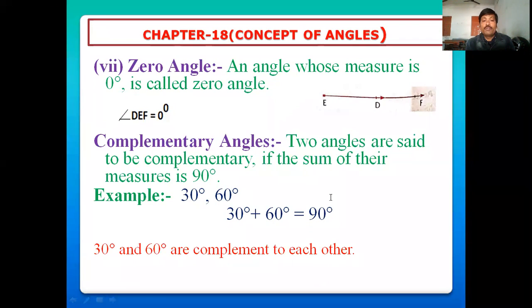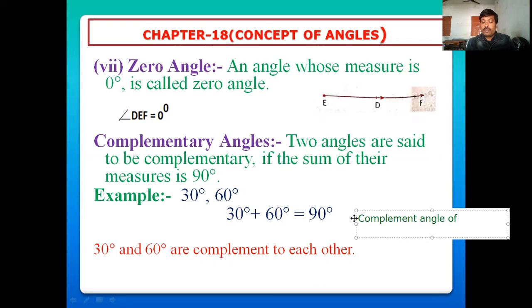Now, if you want to find the complement angle of, suppose, 10 degrees. The complement of a 10 degree angle is 80 degrees. How can we find it? We can find it in this way: 90 degrees minus 10 degrees makes 80 degrees.